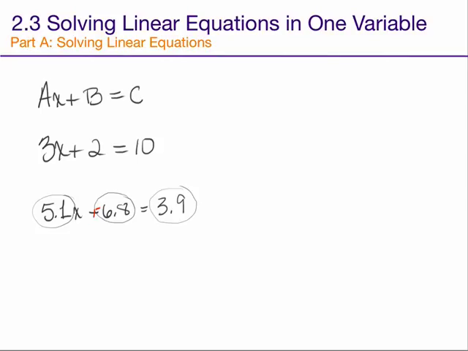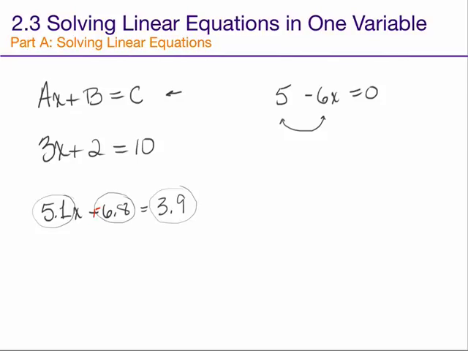Now these are all linear equations already in the form ax plus b equals c. But sometimes you'll see an equation like this: 5 minus 6x equals 0. This is also a linear equation, but it's not in the form we recognize. To put it in that form, I can use associative, commutative properties of addition and multiplication, the distributive property if necessary, combining like terms, and any of the other rules and properties that I've learned so far in this chapter.